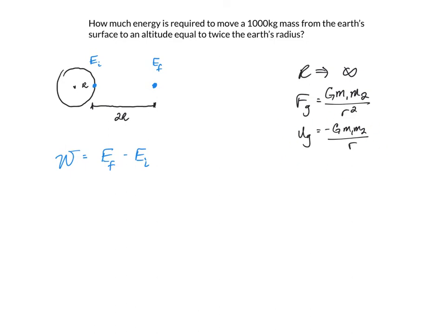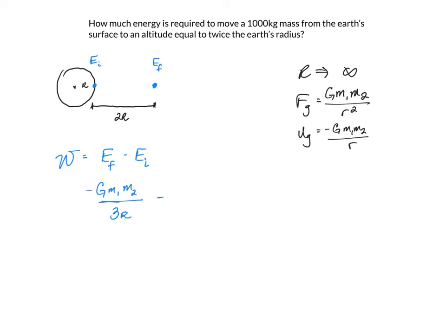Okay, so let's just write this out algebraically first here. Okay, and we have r. Now r final here, we have 2r plus r, so this is actually going to be 3r.